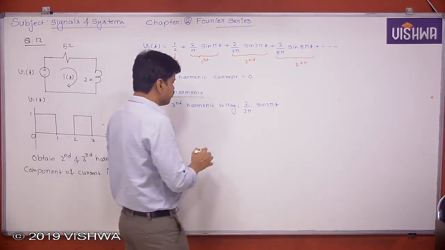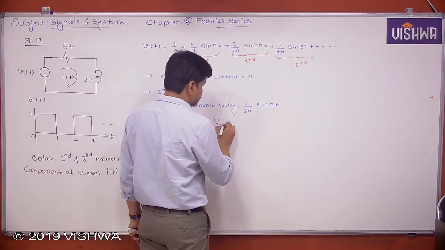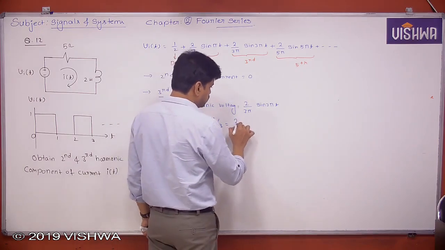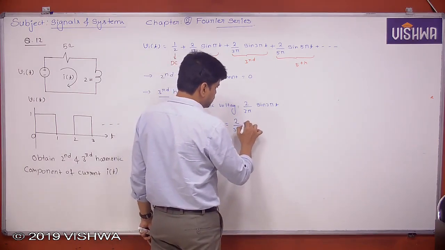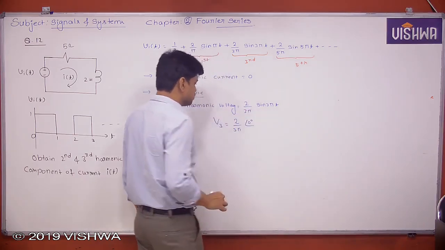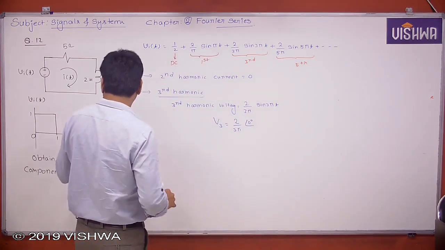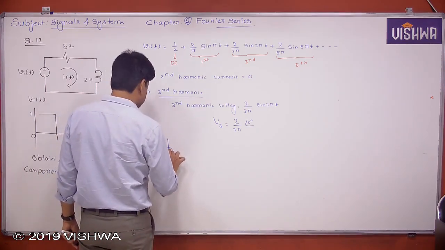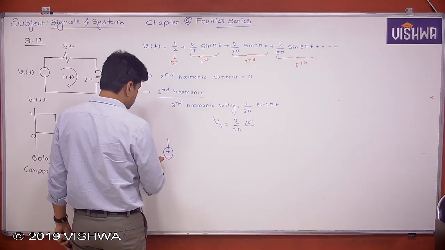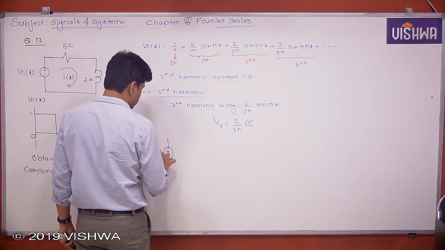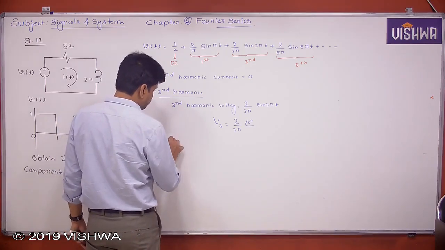In the phasor form, let's call it V3 phasor, the third harmonic phasor. It is 2 by 3 pi at an angle 0 degrees.